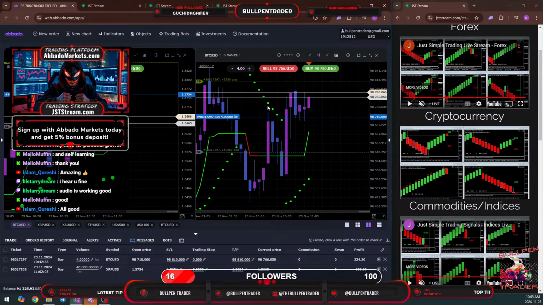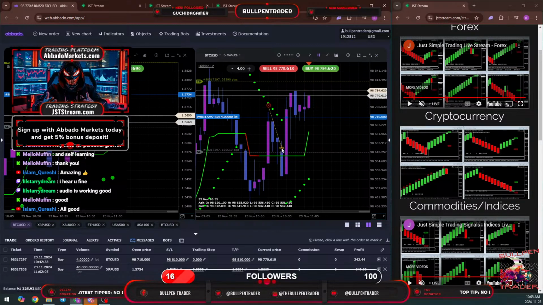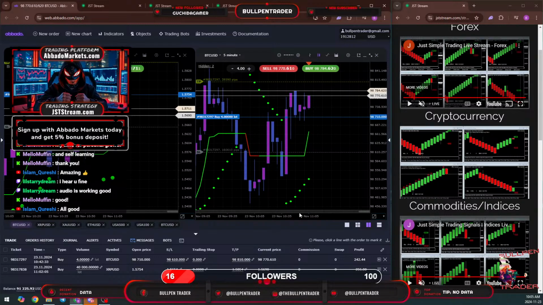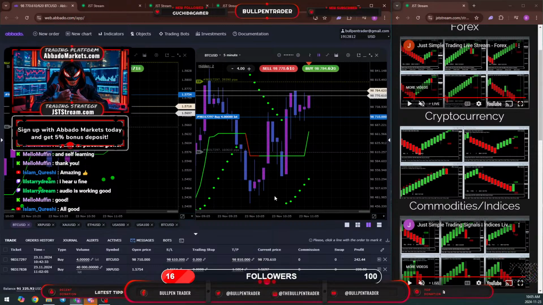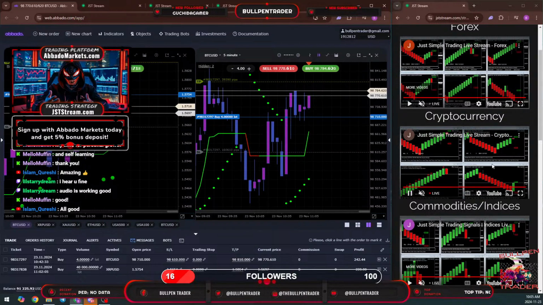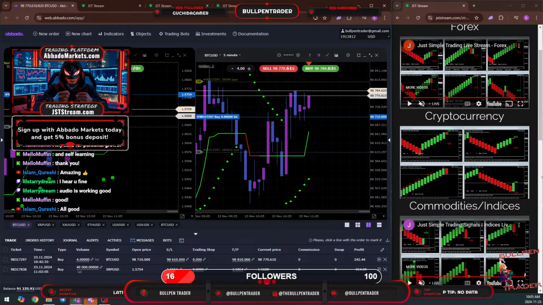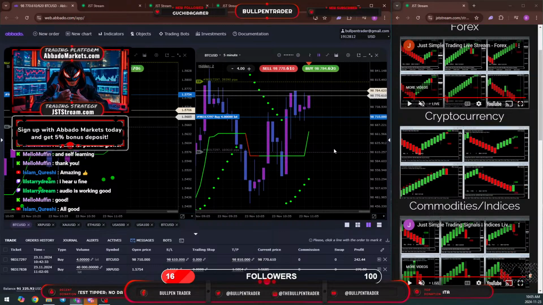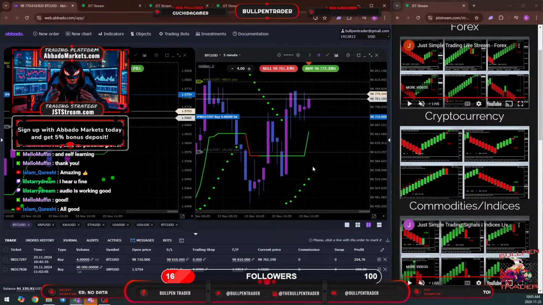Going from this move right here to right there, that was the reversal, which was confirmed by the flipping of the PSAR. All right, so we don't always know whether it's a pullback or a reversal right off the bat, but what we do look for is these other indicators to help us make that distinction.